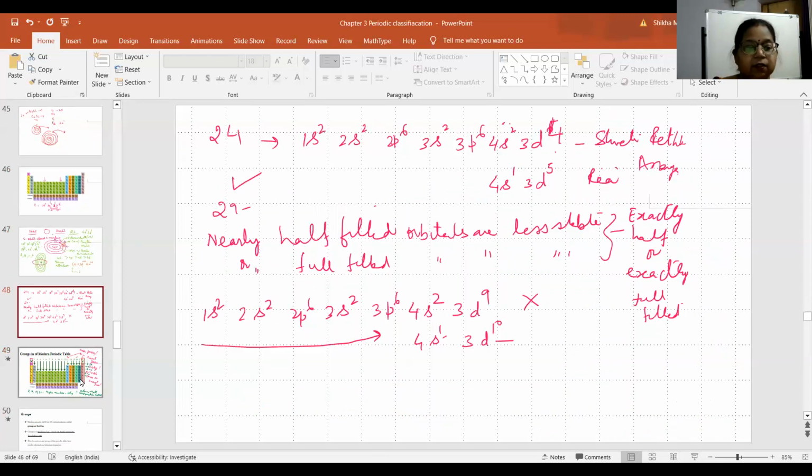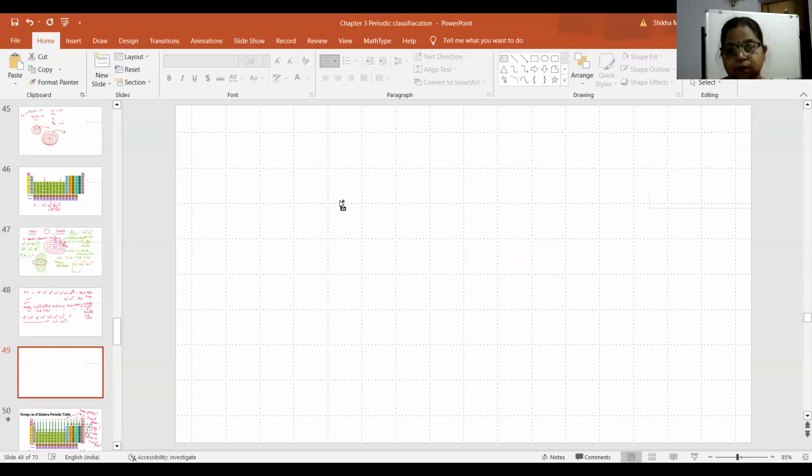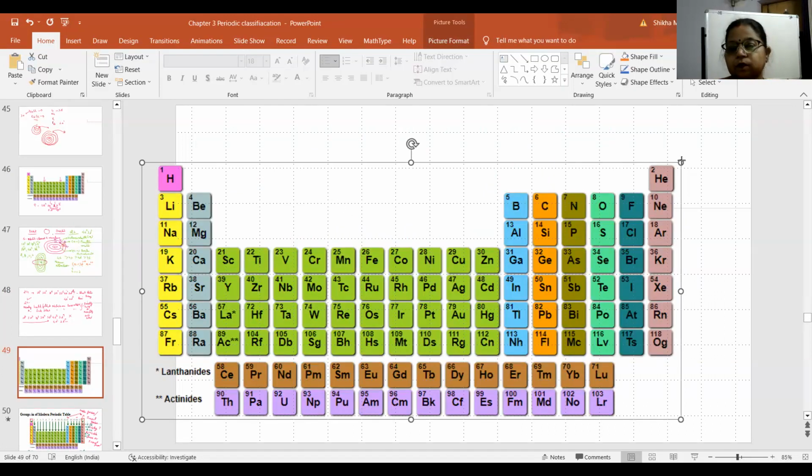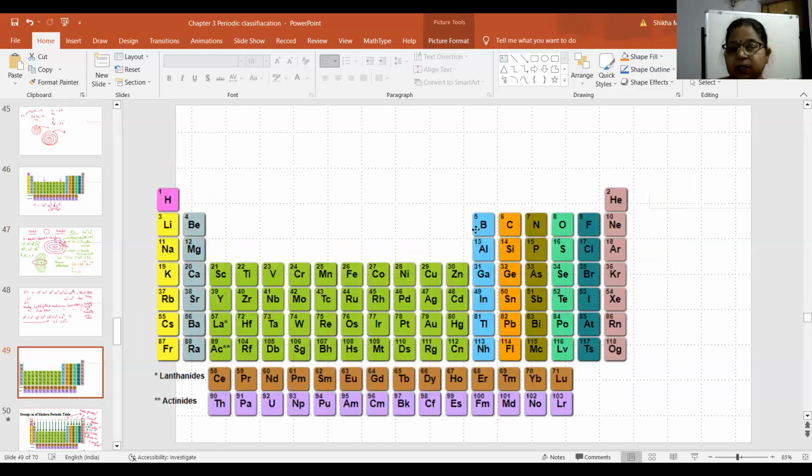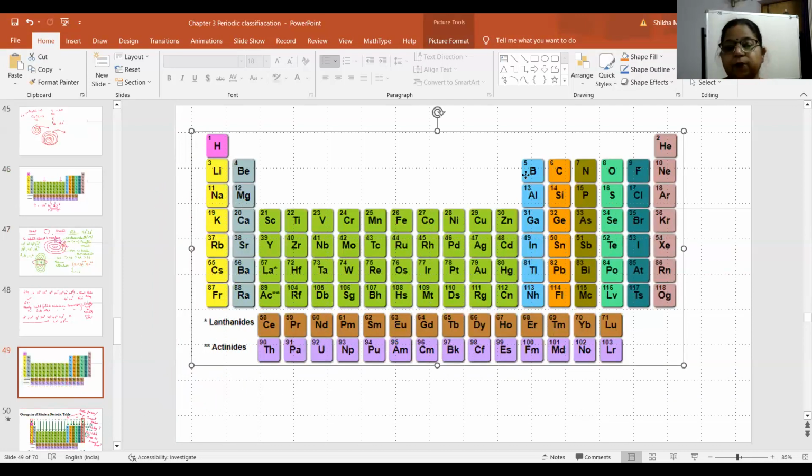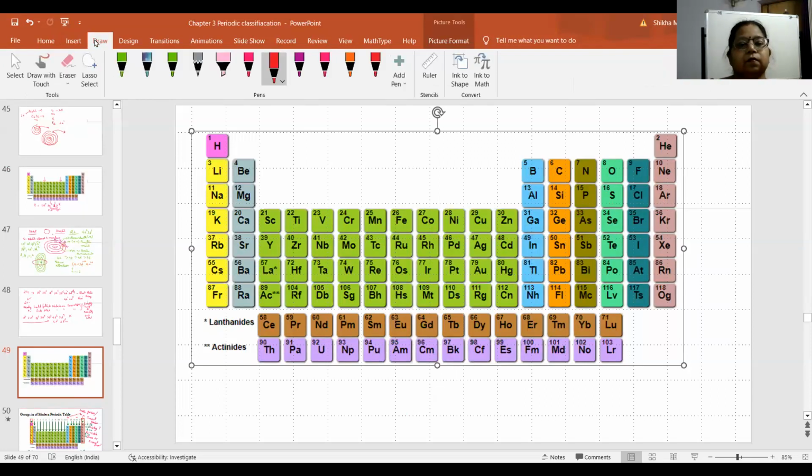Has anybody learned about it? Is it completely visible to you? Can you read the atomic numbers in this periodic table? I believe so, you can. Look carefully. After 56, barium, 57 is lanthanum.